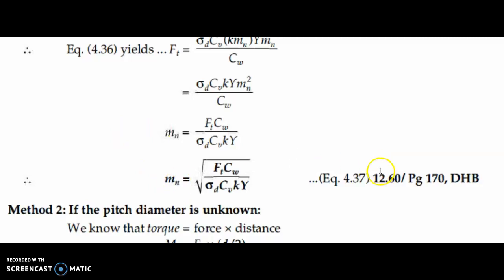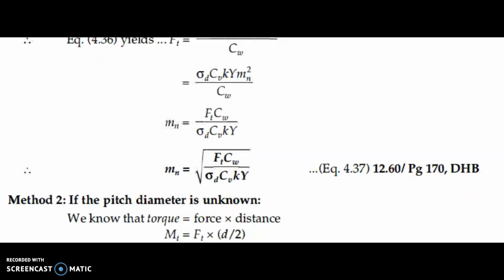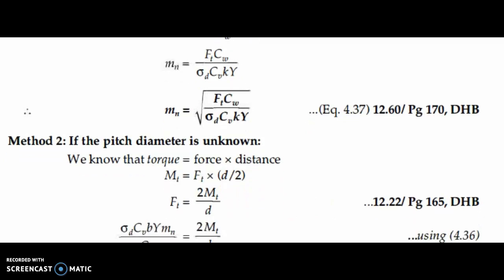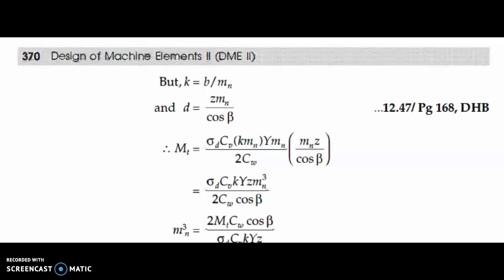Then the second method, if the diameter is not known, we can calculate using this method. First of all we can take the value of Mt, that is equal to torque force into distance, and here the distance is the radius, so that is equal to d by 2.